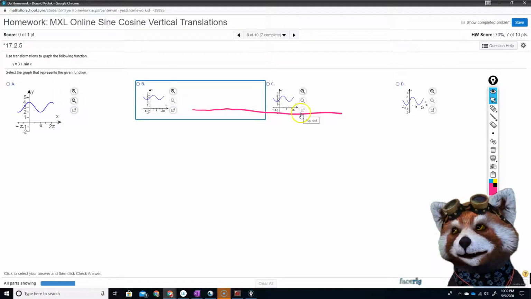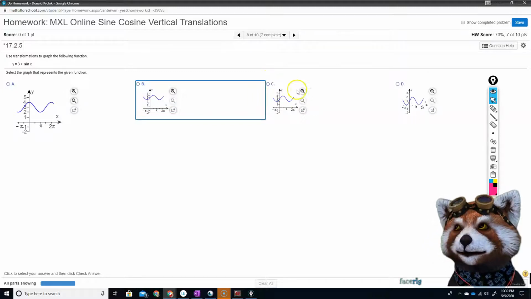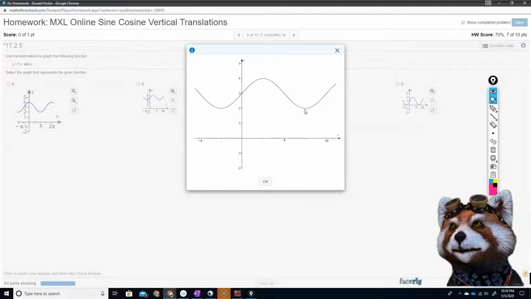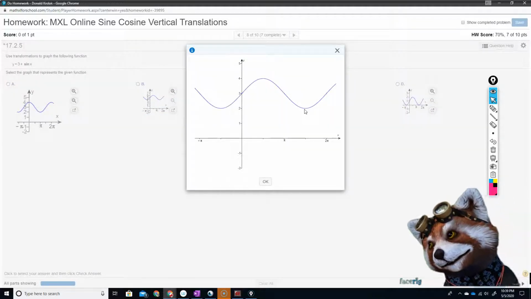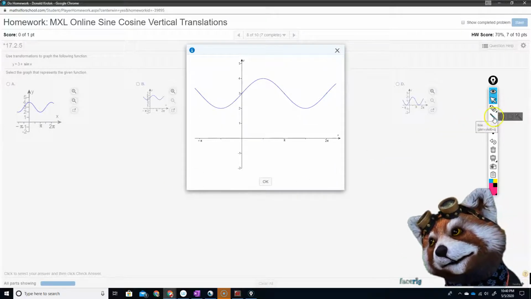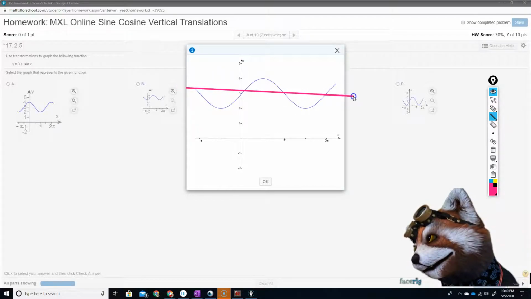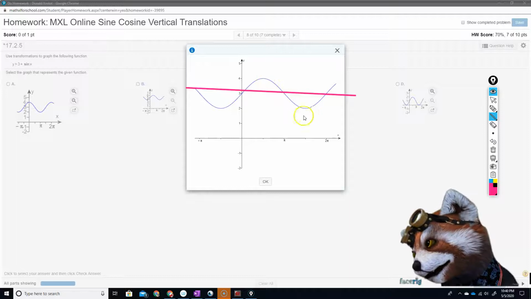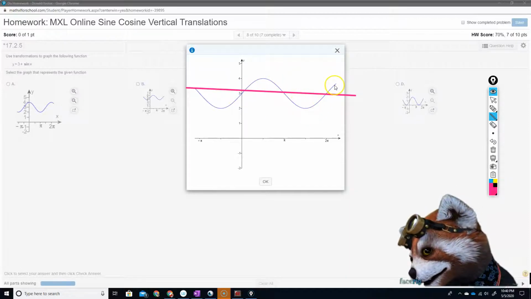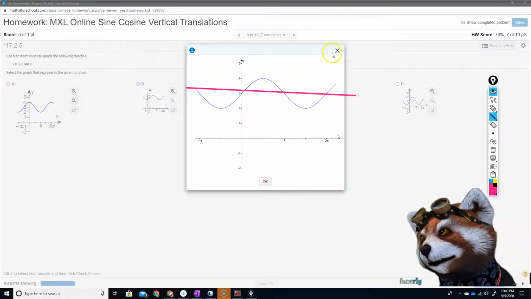So no, it can't be B. Okay, take a look at C here. Okay, there's a cosine. Its midline is 3. Goes 1 up, 1 down. I see one cycle of sine between 0 and 2 pi. So that's our solution.